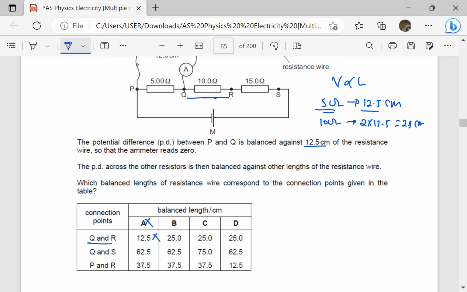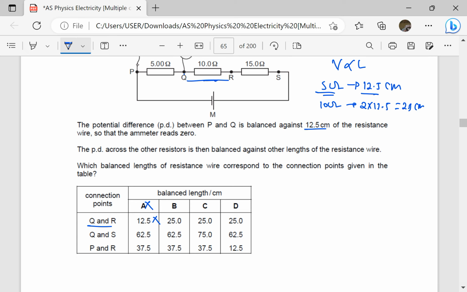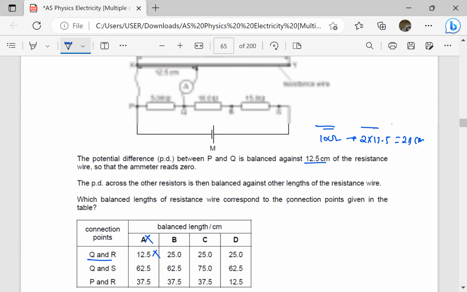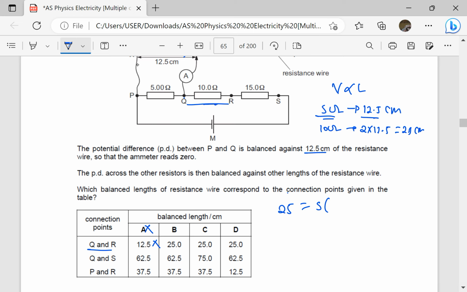Let's check Q and S. Q and S is 10 plus 15, which is 25. Note that 25 is equal to 5 times 5 ohms. And remember, for 5 ohms, it is 12.5.